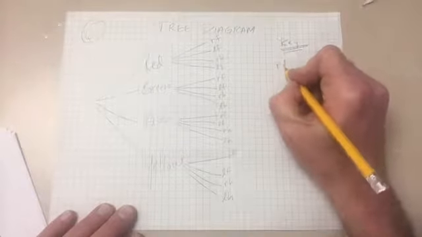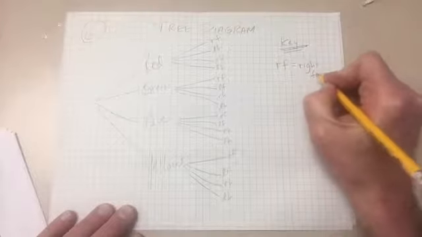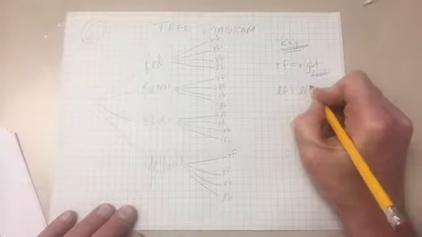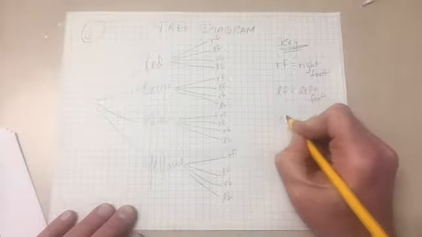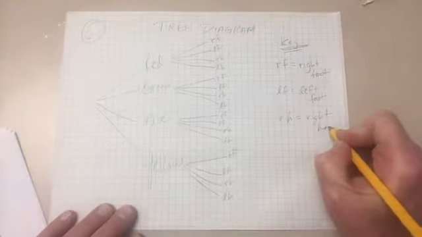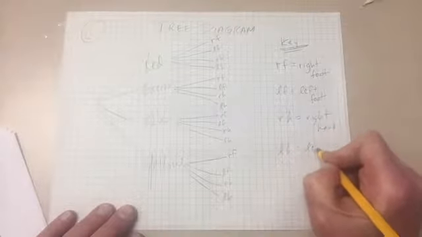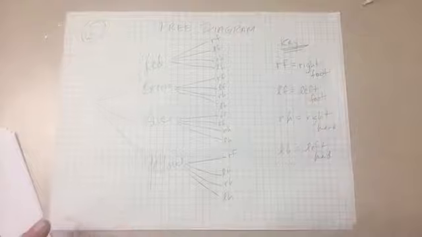So RF is right foot, and LF is left foot, and RH means right hand, and then LH is left hand. And that's a tree diagram.